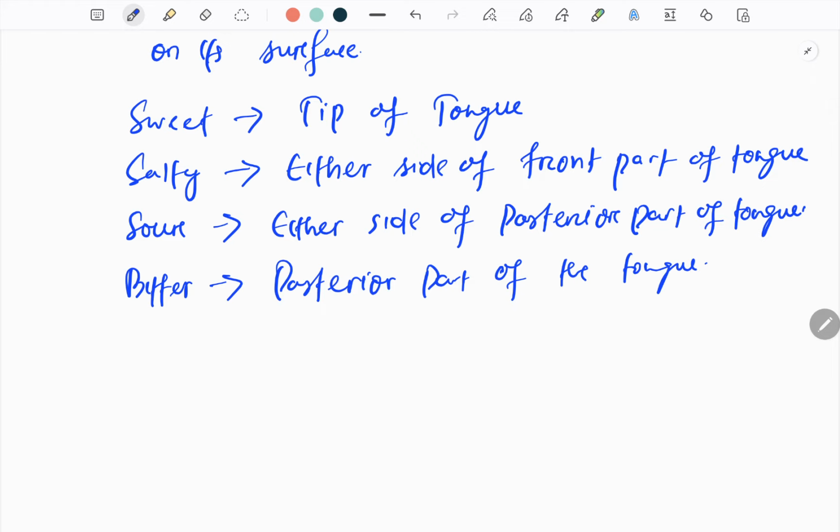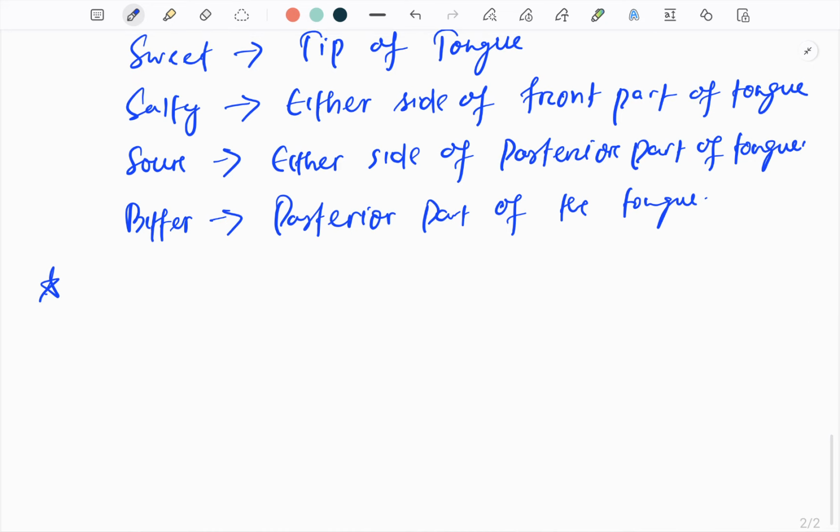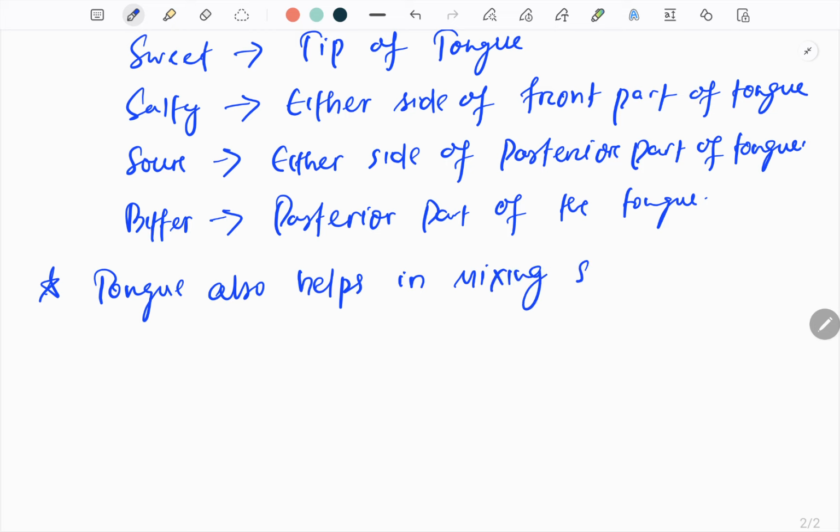Tongue also helps in another thing. Tongue also helps in mixing saliva with the food properly.